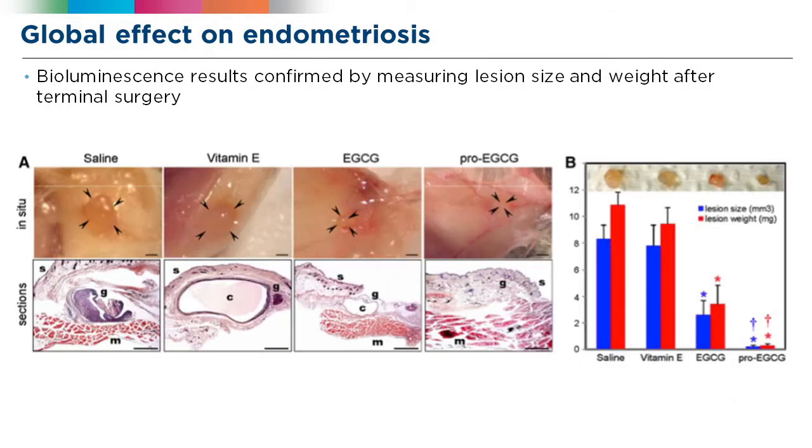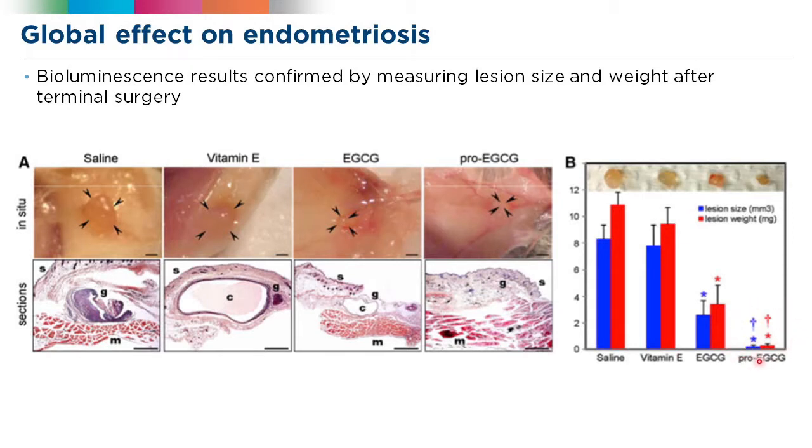And those bioluminescence results were confirmed by measuring the size of the lesion and the weight of the lesion after terminal surgery. So what you see here are the lesions after the different types of treatment, and the graph here shows the lesion size and weight after terminal surgery.